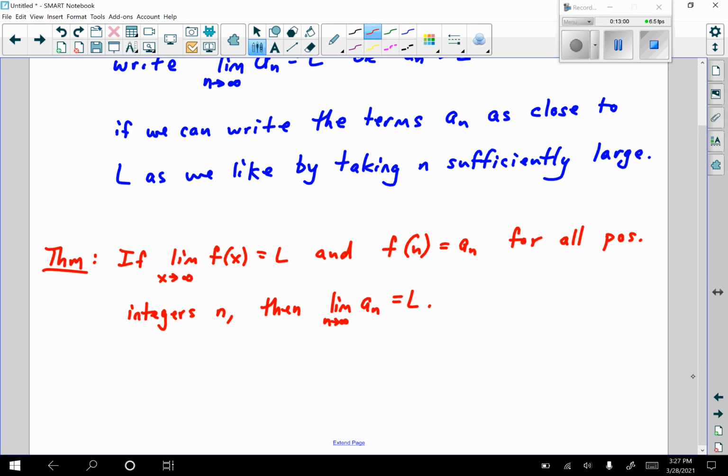The only difference, though, is if we were to go to plot these points, we would not connect them.